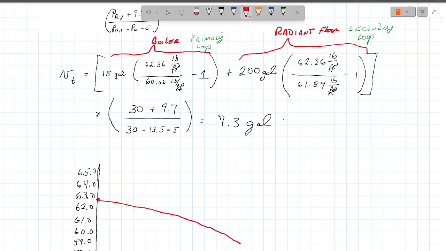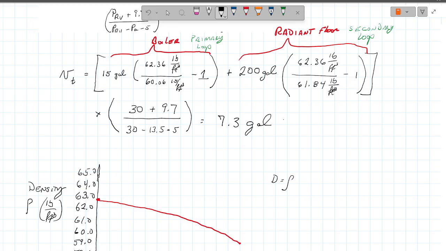And, oh, what the hell? You might as well have the equation. This is rho, in pounds per cubic feet. If you're going to do a graph, do it right. The equation for this thing looks like this.